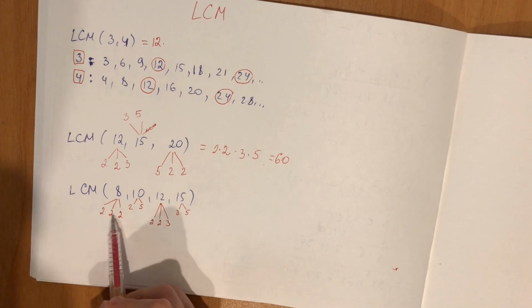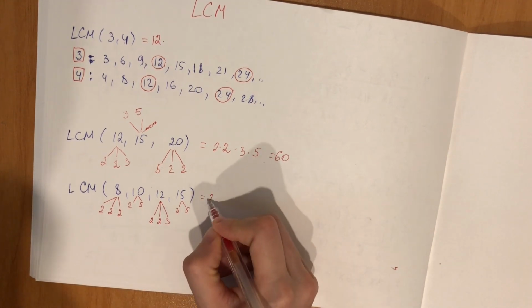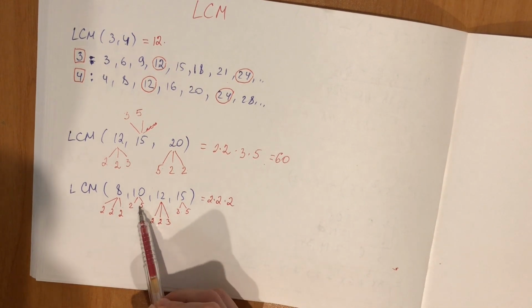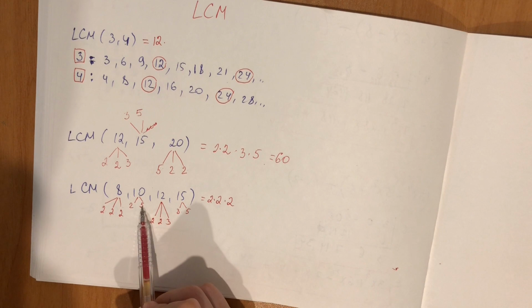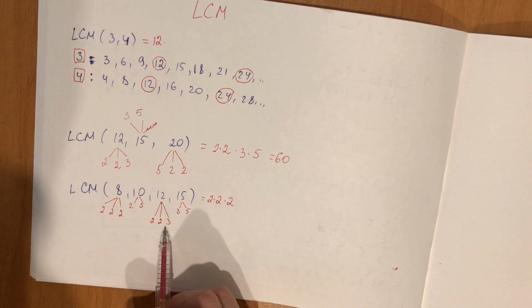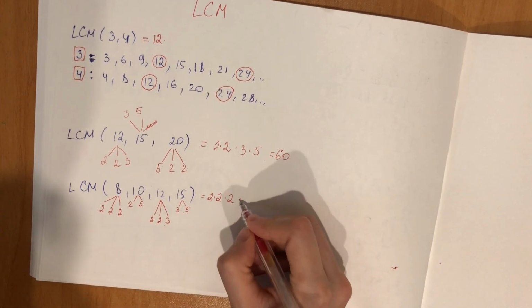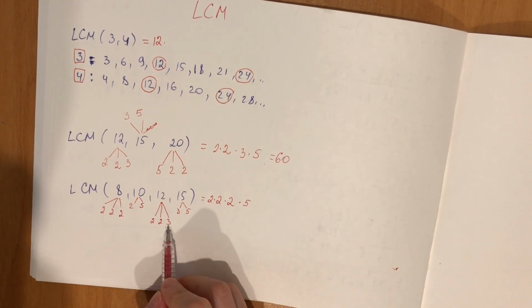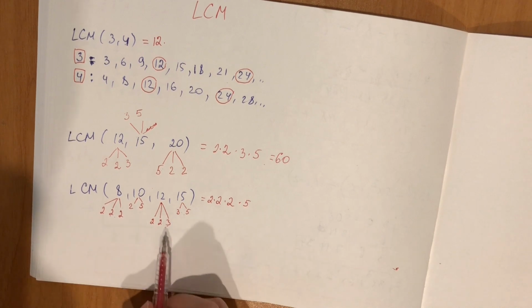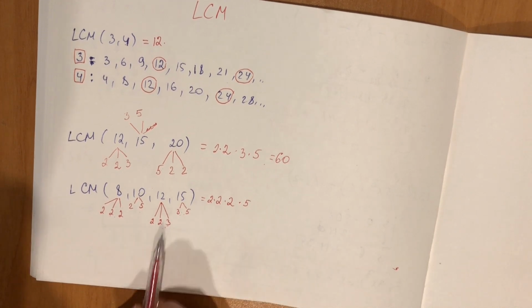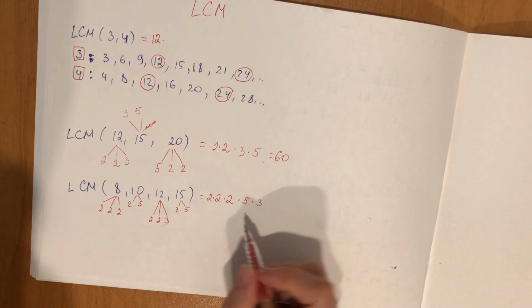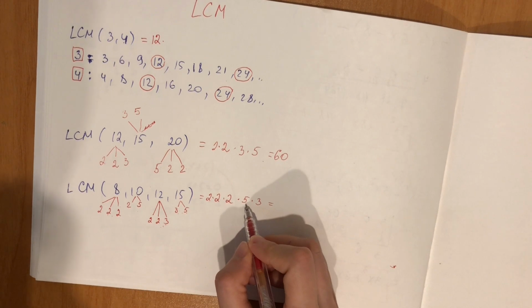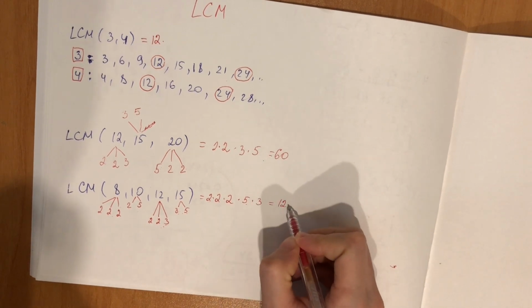So the most 2's is three. And what about 5? No 5, one 5, no 5, one 5. So the most 5's is one 5, and the most 3's is one 3, and again 5. So 8 times 15 is 120.